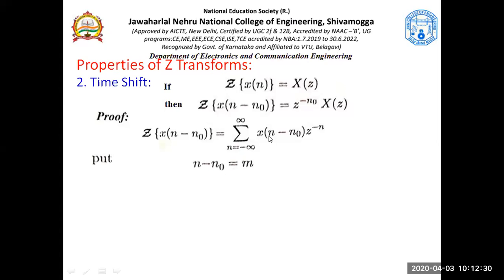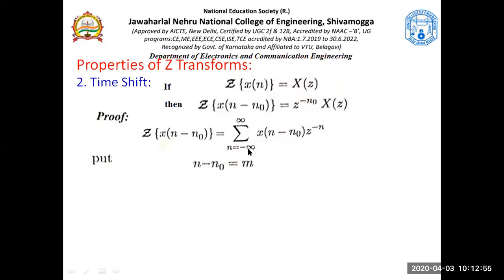I'm not used to seeing n minus n naught. I'm used to seeing n or m or l or k. There should be one variable here. Since there is one variable here, there should also be one variable. There are two things, n and n naught. No, I'm not comfortable with this. So to have this in the standard form of the equation, I'm substituting this n minus n naught as m.